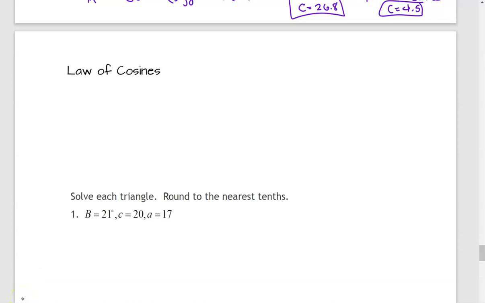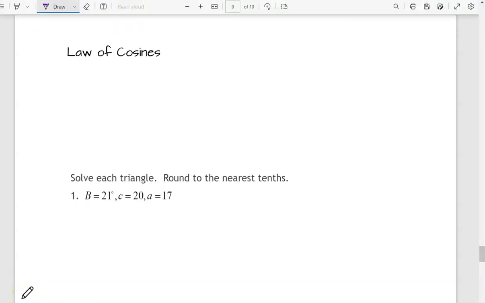In this lesson, we're going to learn about the law of cosines. So up in this top part, we are given two sides and an angle.